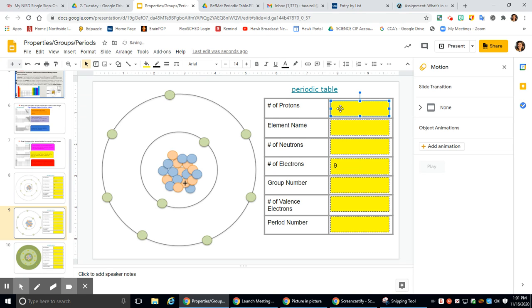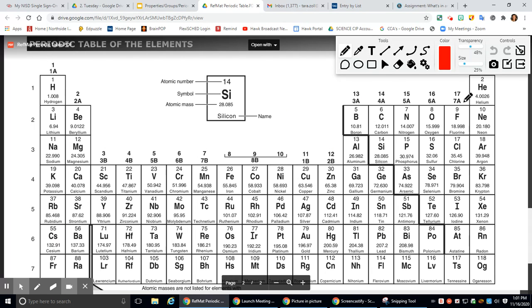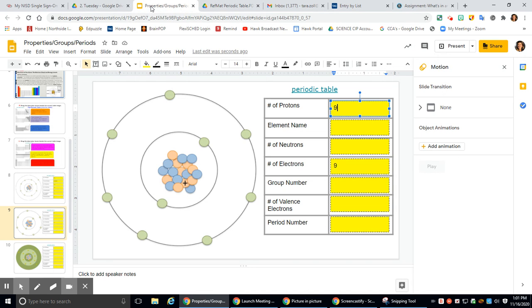I have 9 electrons. So my number of protons is 9, which makes my atomic number 9. So I can go to my periodic table and identify this element because your number of protons identify the element. And here's my atomic number 9. So I'm looking at fluorine.